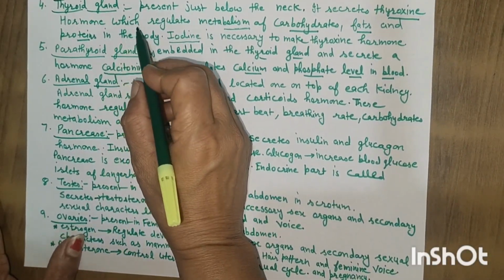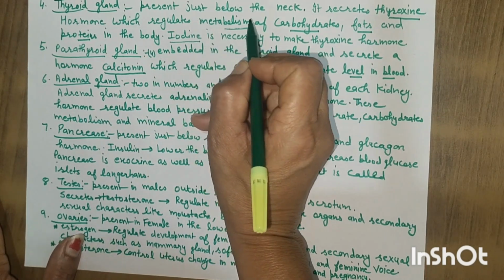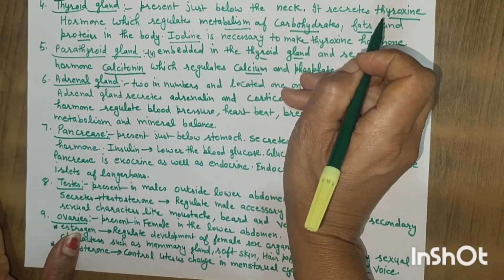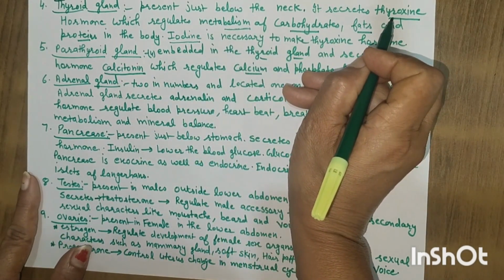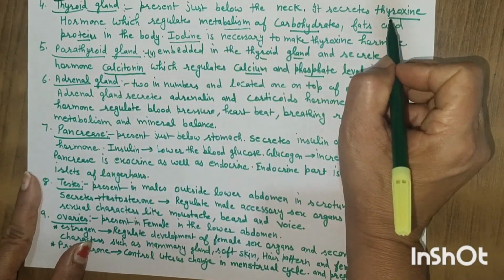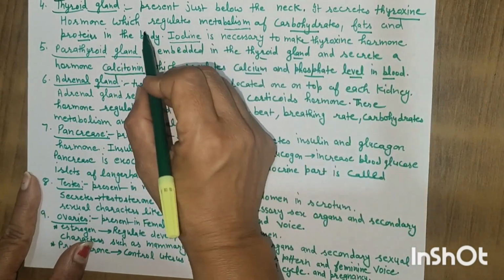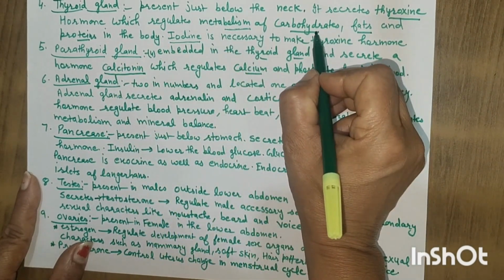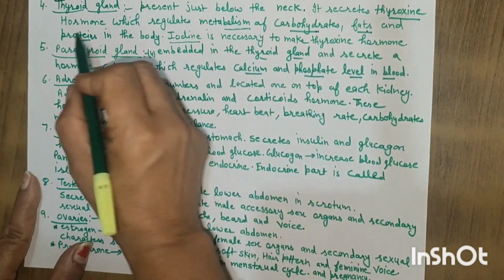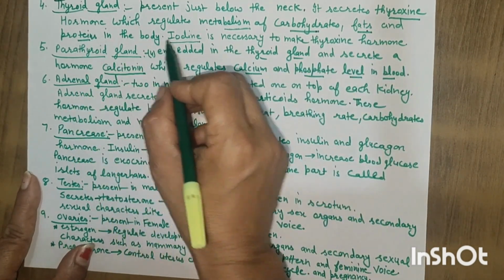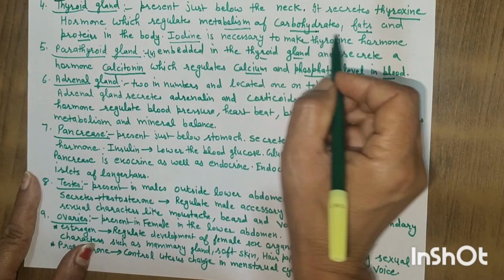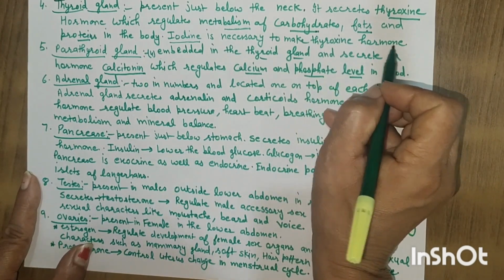Next is the thyroid gland. The thyroid gland is present just below the neck. It secretes the hormone thyroxine, which regulates the metabolism of carbohydrates, fats, and proteins in the body. And iodine is very necessary to make thyroxine hormone.